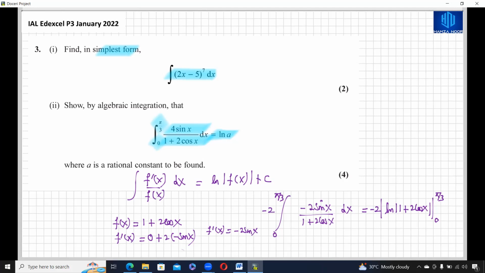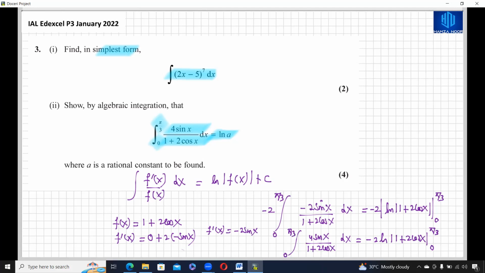So now we can say that when we integrate 4 sin x divided by 1 plus 2 cos x with respect to x, we would get minus 2 multiplied by ln modulus of 1 plus 2 cos x. And in this case, we have a definite integral, upper limit pi over 3 and lower limit 0. So far, we have achieved this thing. Okay, so we have integrated.